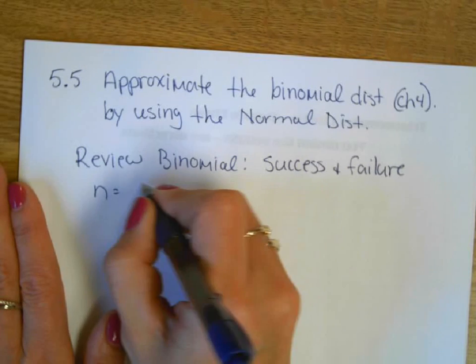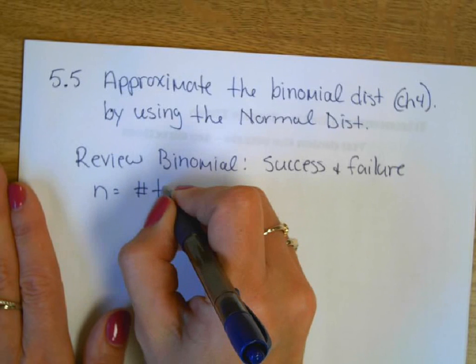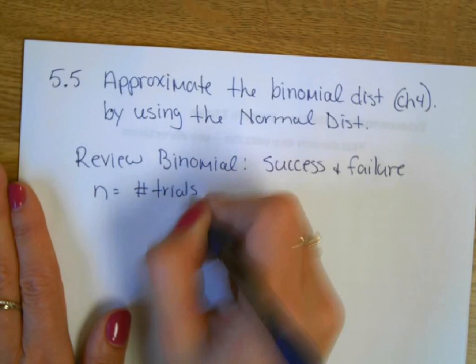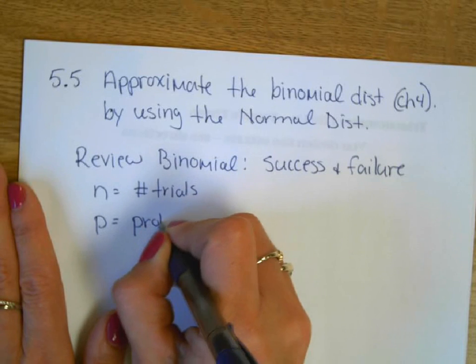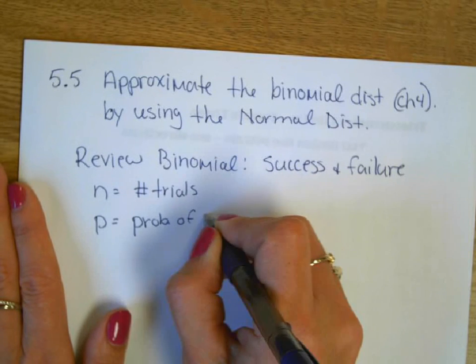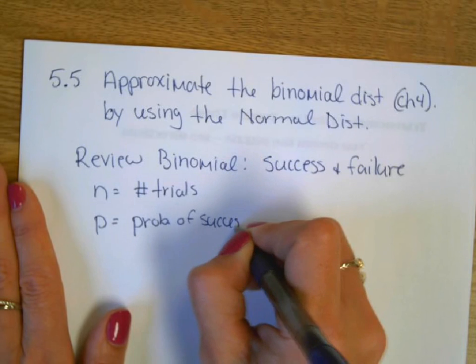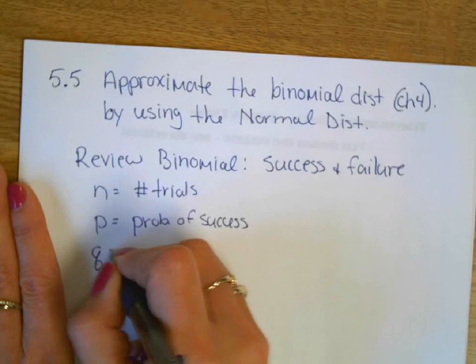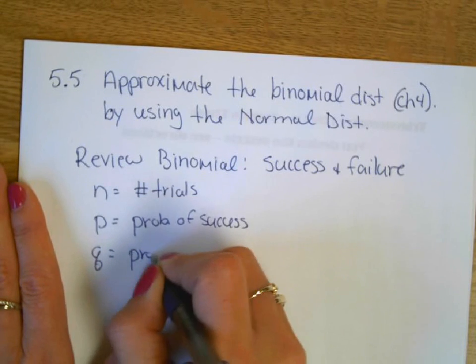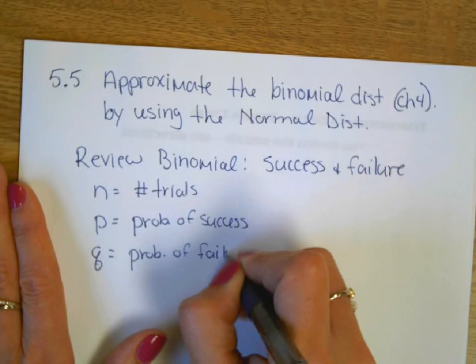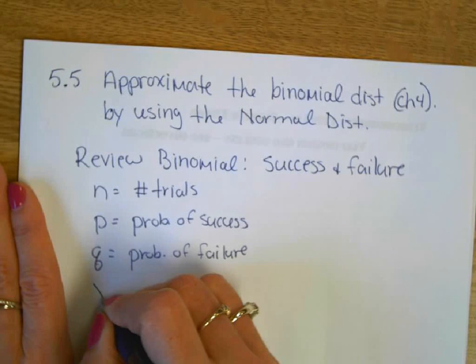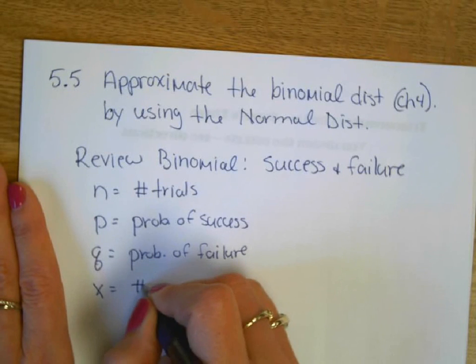And n was the number of trials we were doing, p was the probability of success, q, probability of failure, and x represented the number of successes.